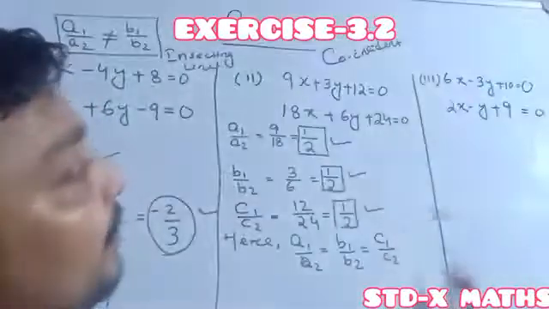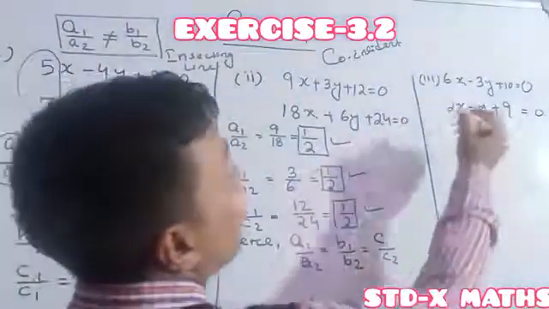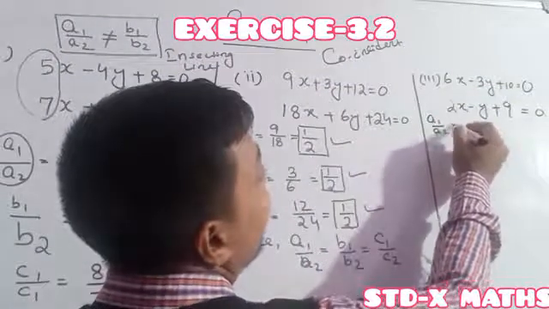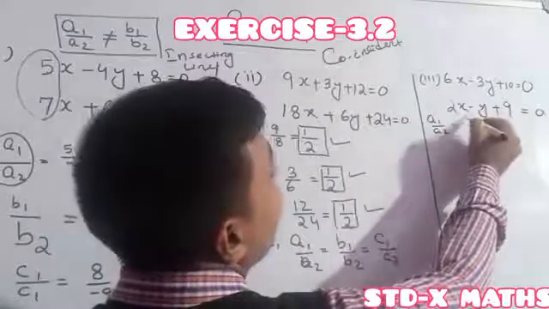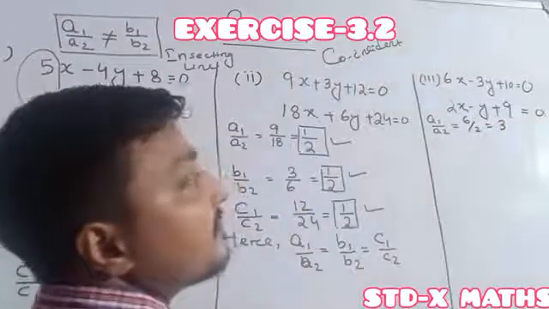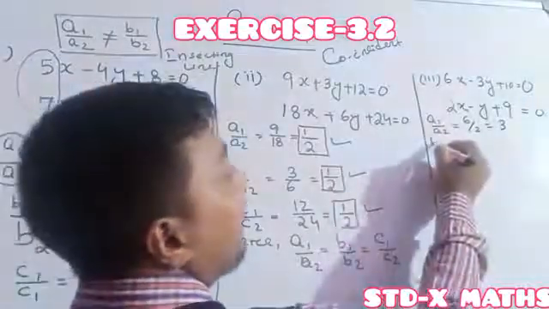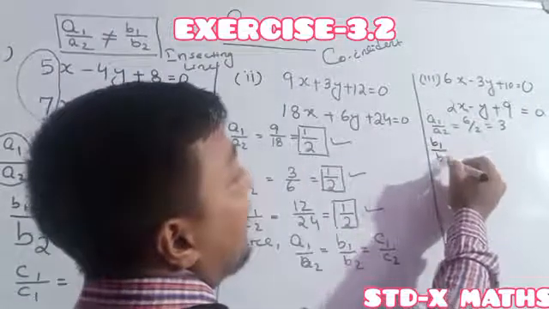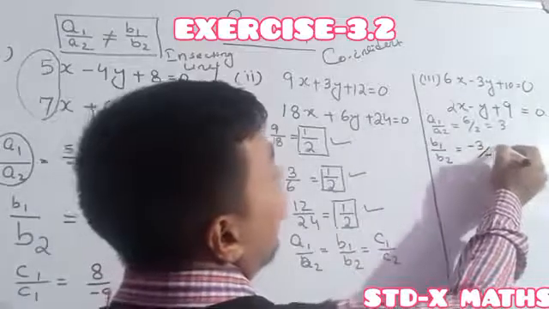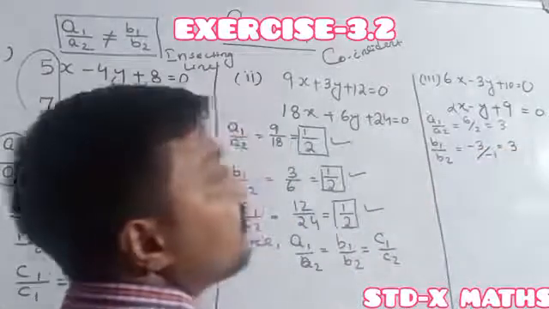Okay, so now we will discuss the next one. See, here a1 by a2 is 6 by 2, which is 3. Next, b1 by b2 is minus 3 divided by minus 1, which is 3.